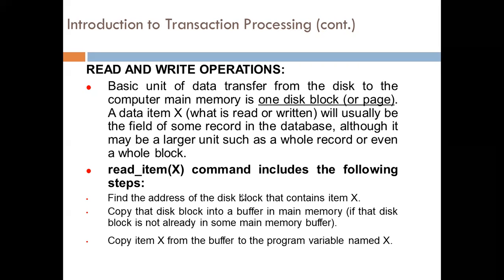If the disk block is not already present in main memory, we bring it in. Then we copy the data item from the buffer into the program variable named X. These are the steps that take place when we read a database item X.